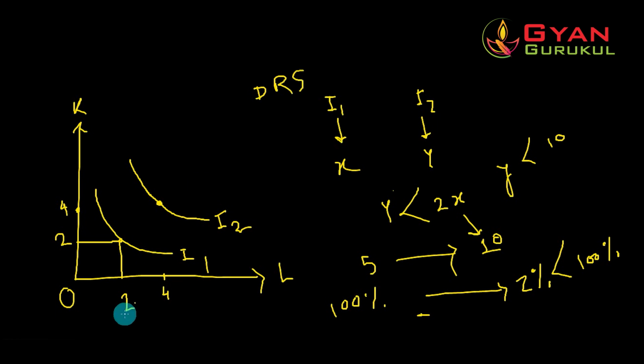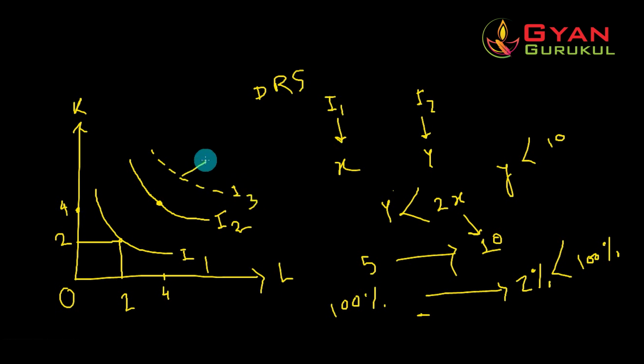That means when we increase both the two factors of production to twice the initial amount, output is increased by such an amount which is less than twice the initial output. Clear? So let's say there is another isoquant over here, say I3.